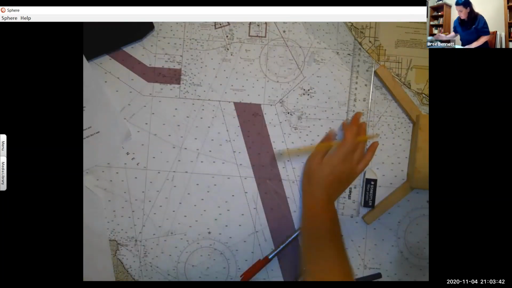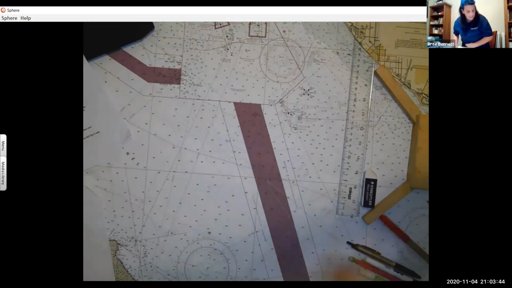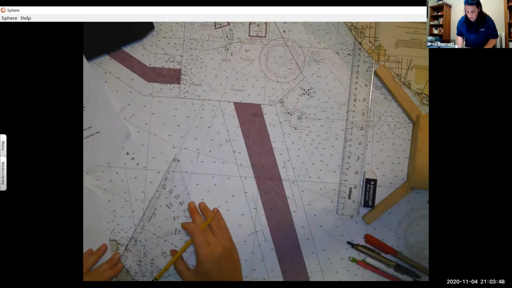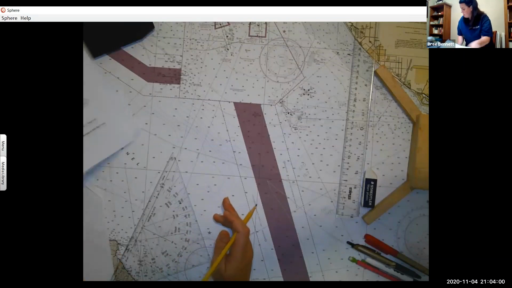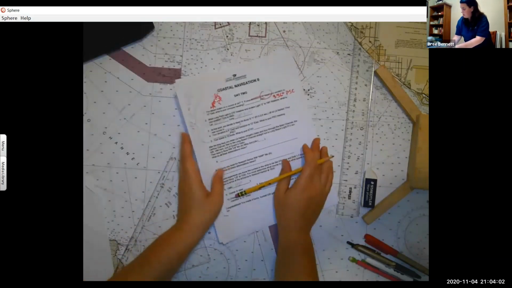So I plotted my track line, deciding to head back to LA. What is our true course over ground? We have 022 is my true course.